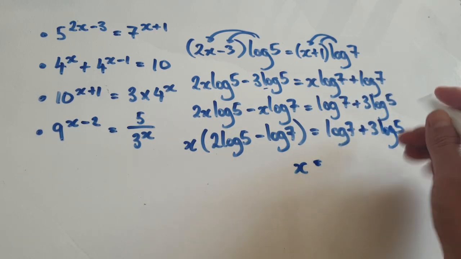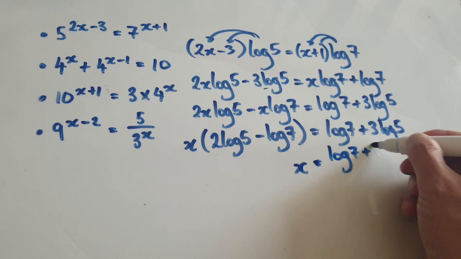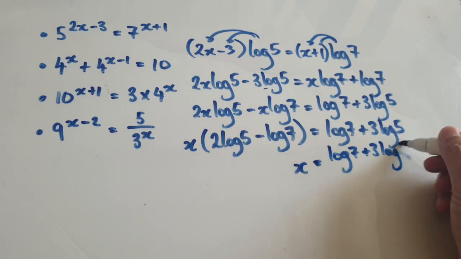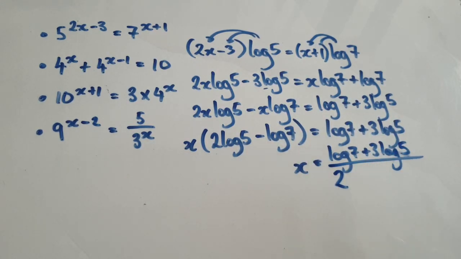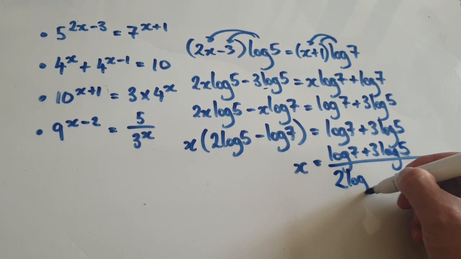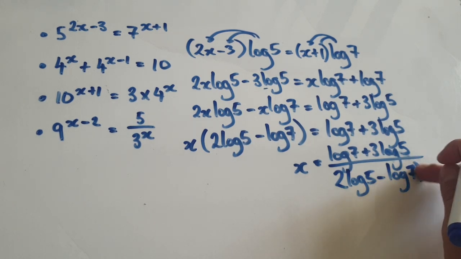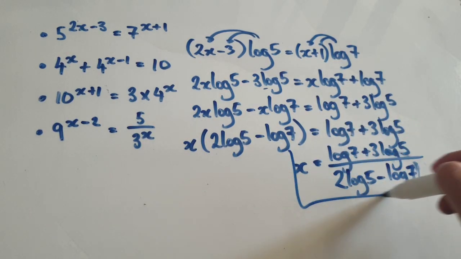So x equals, let's take the whole thing down, log 7 plus 3 log 5, all divided by this thing here, 2 log 5, take away log 7. So this is your final answer.